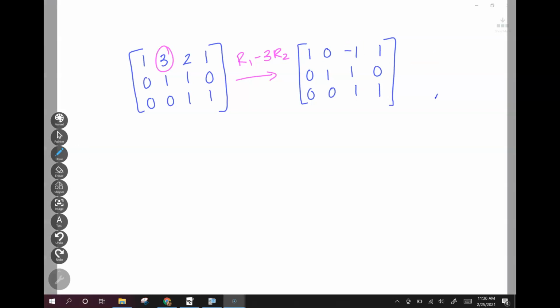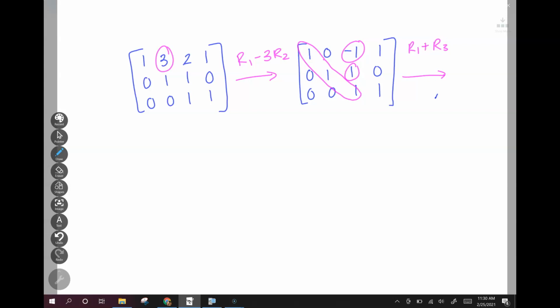I need zeros above this third row, third column 1. So I need zeros here because I only want 1s to be in this main diagonal. So to get rid of those two 1s, the -1 and the 1, I'm going to use row 3. So I'm going to do row 1 plus row 3, and that will get rid of that 1 there.